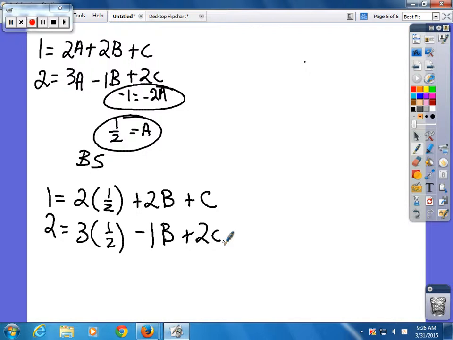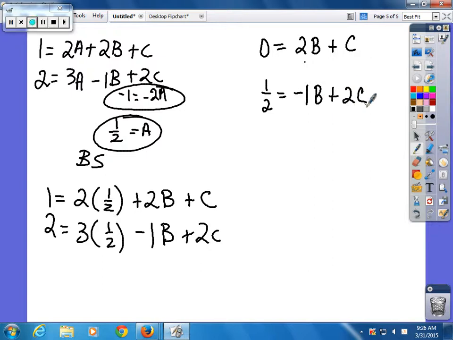And that's going to come out to be 1, and that 1's going to make this to be what? 0 is equal to 2B plus C. And this is going to be 3 halves, and this is 4 halves. 4 halves minus 3 halves is 1/2. So 1/2 is equal to negative 1B plus 2C.